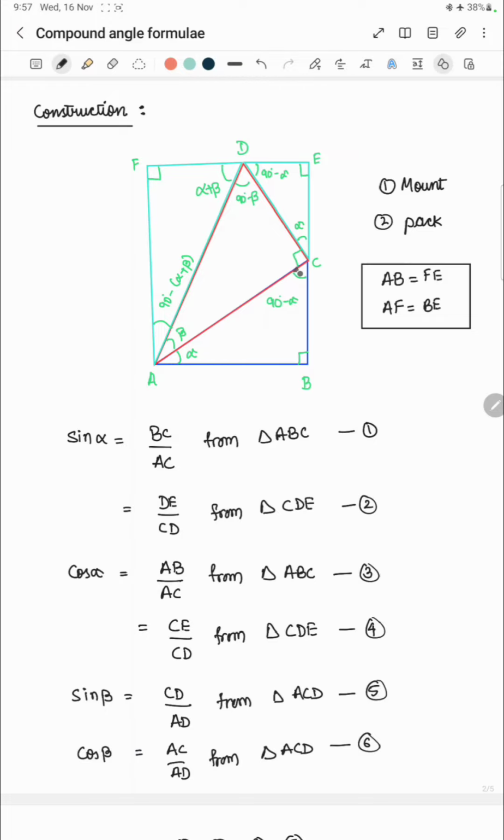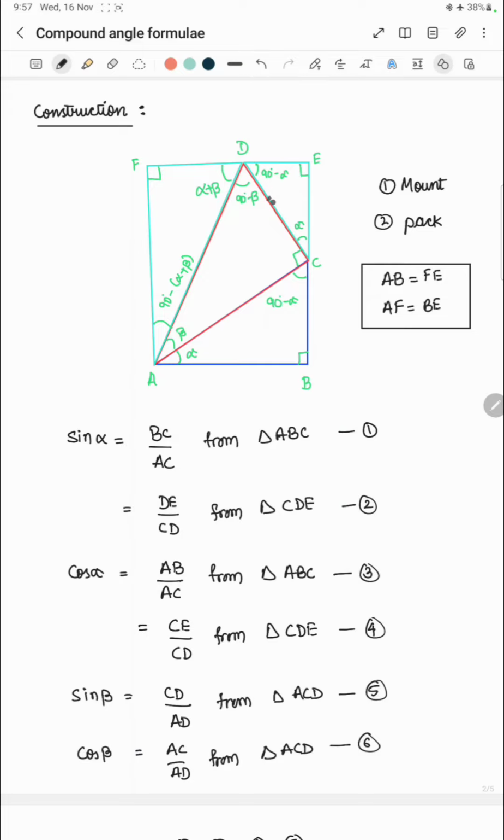And if you look at the angle, since this is alpha and this is a right triangle, this would be 90 degrees minus alpha. Now this is again a right angle, which means this would be alpha. Why? Because in a straight line, the total angle on one side will be 180 degrees.